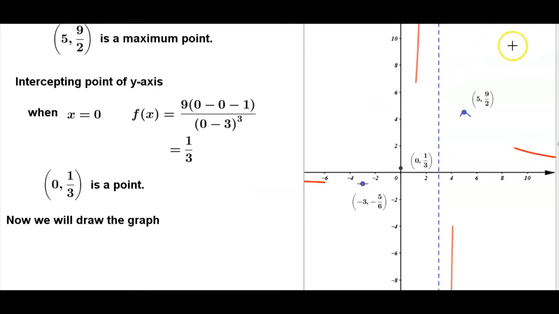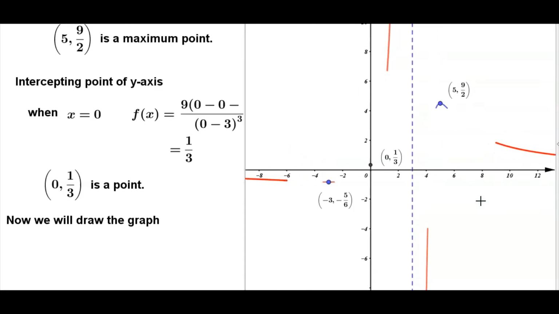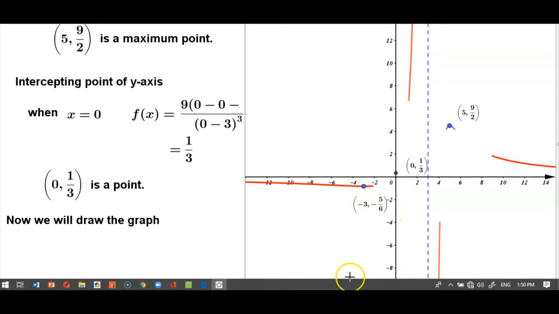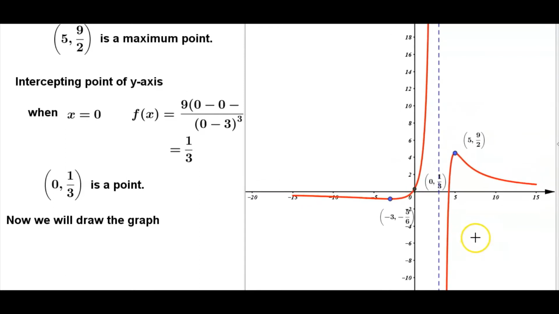Now we will draw the graph. Just watch the graph. Okay, here coming is the minimum point. Here intercept. Going here. Then in this way coming maximum point and approaching. Okay.